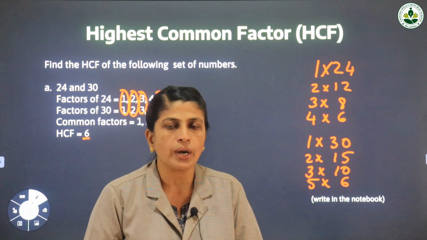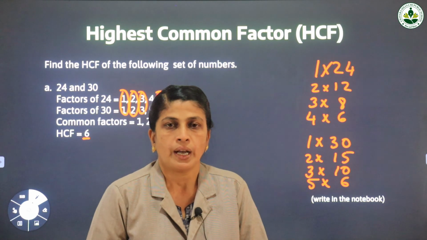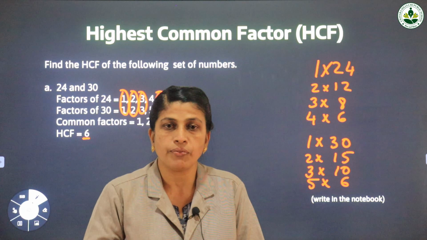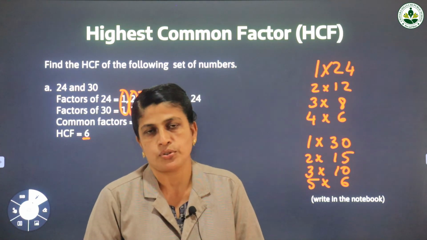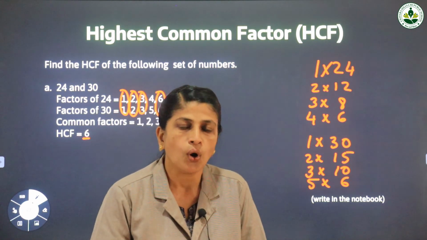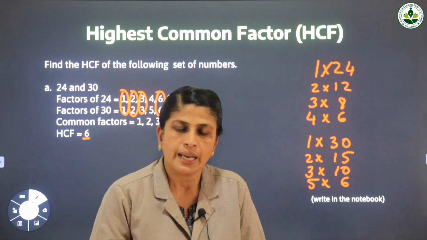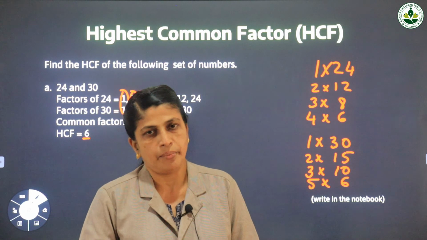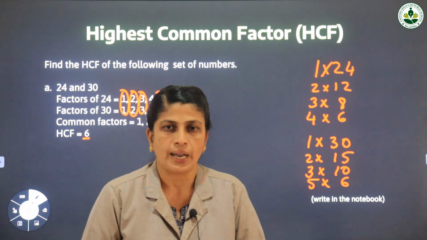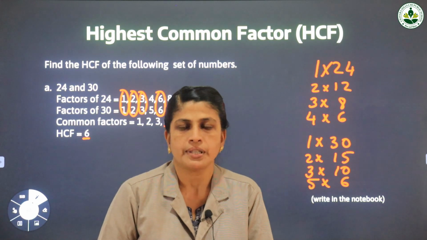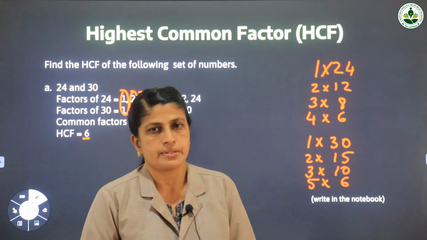And 1 is the smallest factor of a number and that number is the highest factor of that number, and 1 is a factor of all the numbers. And factors of a number are less than or equal to that number. These are the properties of factors and we can find out the factors, common factors and highest common factors.